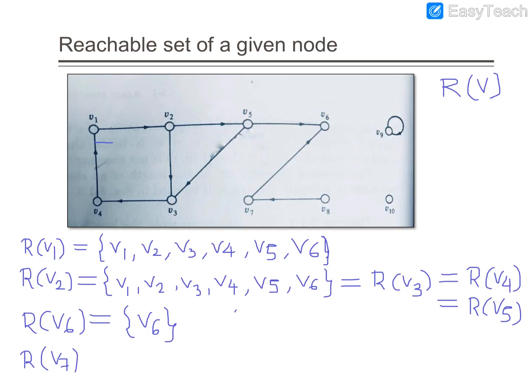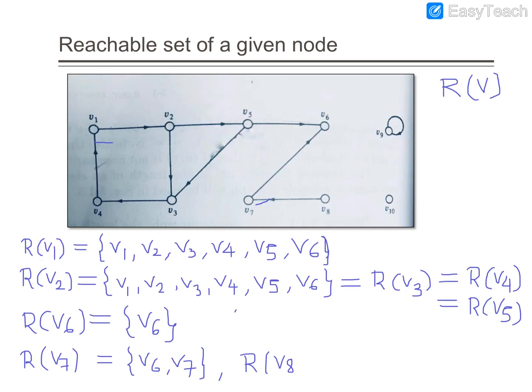Now the reachable set of V7. V7 is reachable to V6 by this path. Therefore the reachable set of V7 is V6, V7.